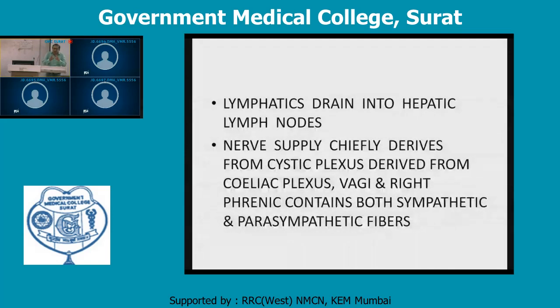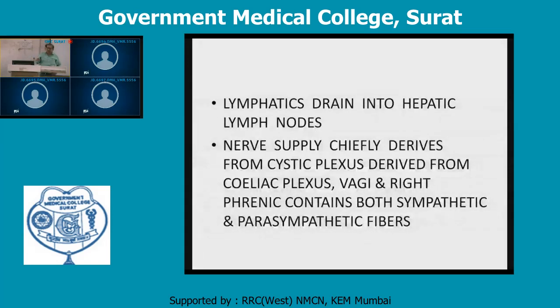This cystic plexus, which innervates the gallbladder, contains fibers from the celiac plexus as well as right and left vagi as well as the right phrenic nerve.